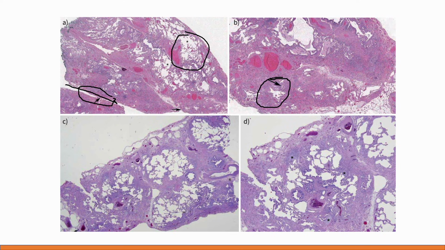So, the fibrosis is much less developed and there is much less architectural distortion. So, this is the normal area, and this is also the normal area. However, here you can see too much of an architectural distortion. So, there is less destructive scarring, there is less honeycombing change.